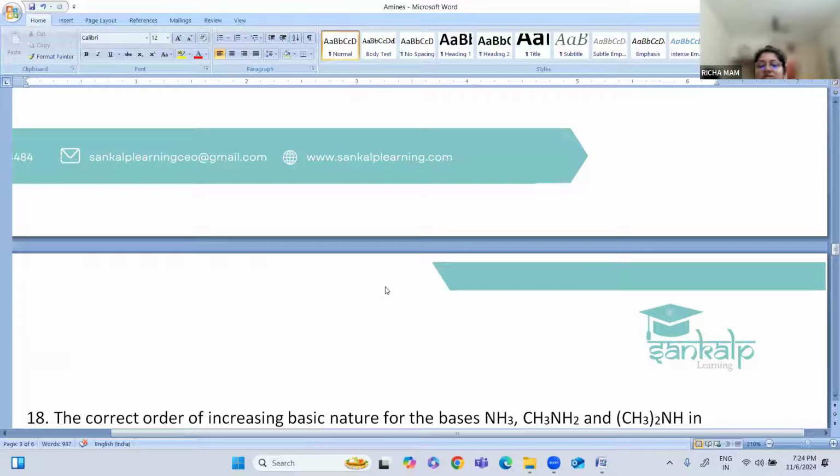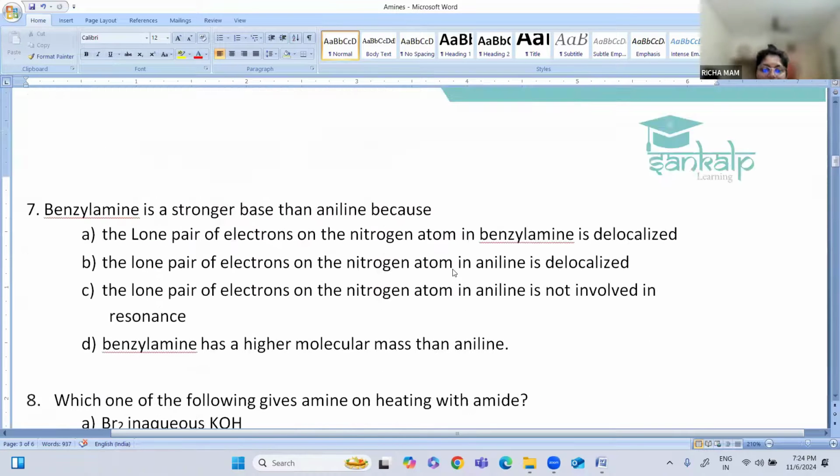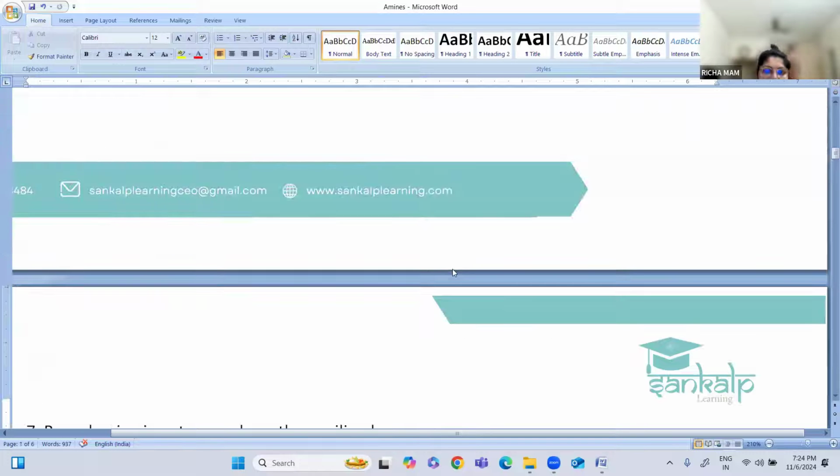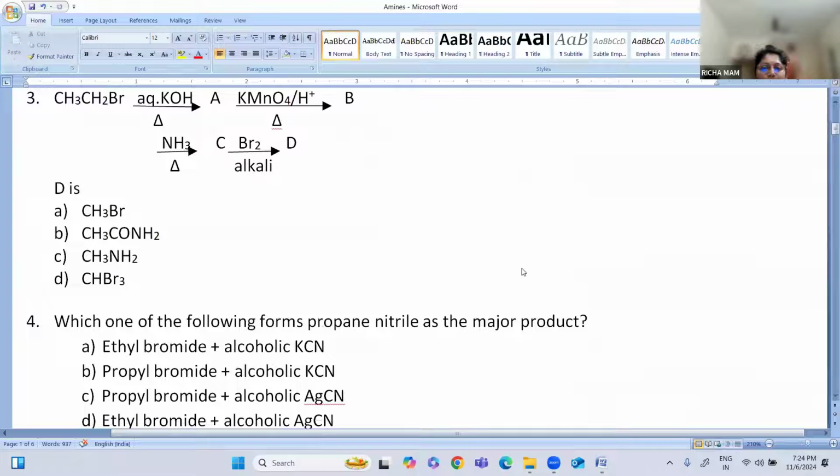You have to practice those name reactions for your board exams also, and for your CET also, in the form of applied questions. They will not ask directly, but they will ask the reagent or the product formed. Any doubts up to that?